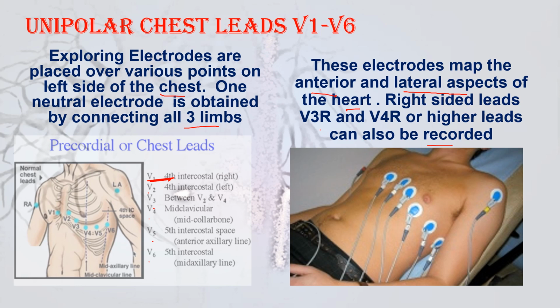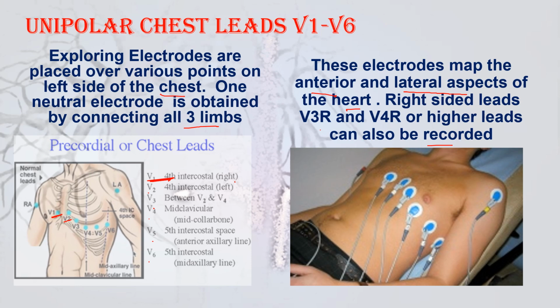Here we can see the placement of chest leads. The first chest lead, V1, is placed in the 4th intercostal space right to the sternum. V2 is in the 4th intercostal space left to the sternum, that is nearer to the sternum.